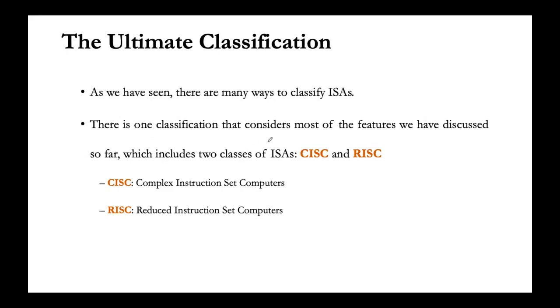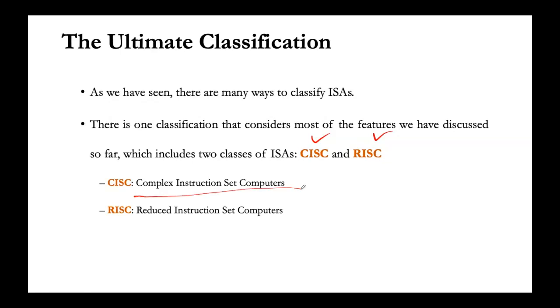There is one classification that considers most of the features we discussed in the previous slides, which includes two classes of ISAs. We call them CISC and RISC. CISC is complex instruction set computers, and RISC is reduced instruction set computers.